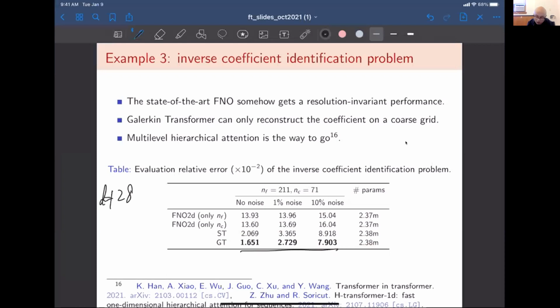But as we can see, if we have noise, it was pretty bad. If we have no noise, the result is kind of good. If we add 1% noise, because of the worsened Lipschitz constant, this noise got amplified by the operator itself, as well as the black box model. So this evaluation accuracy is not very impressive.